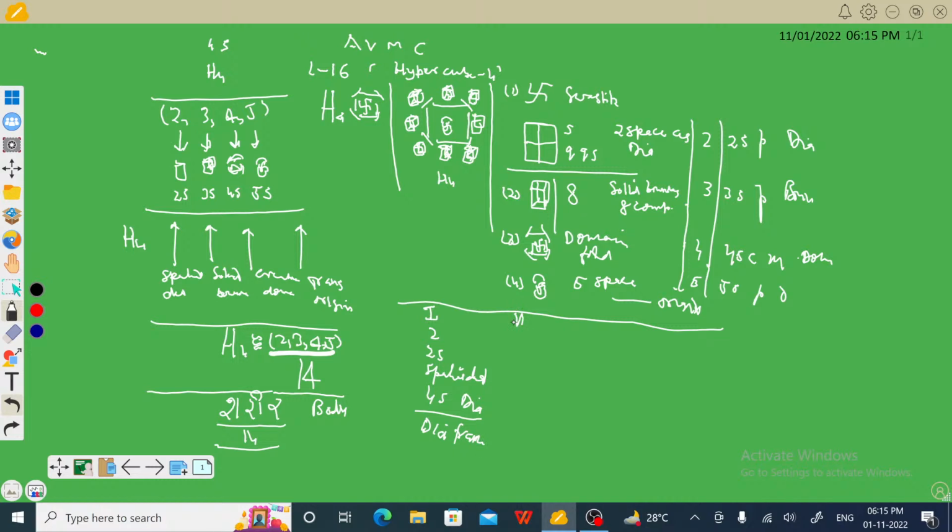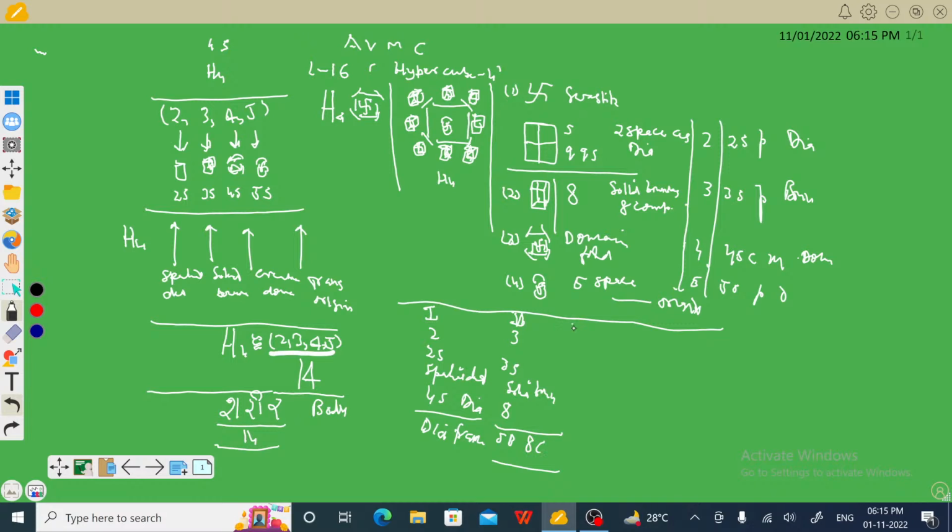Second fold is number 3. It is 3 space. It is a solid boundary, and these are 8 components, and these together make the solid boundary of 8 components.